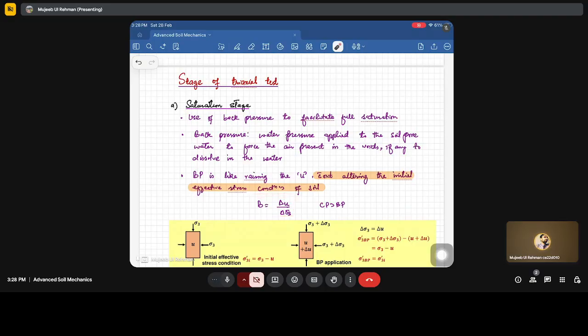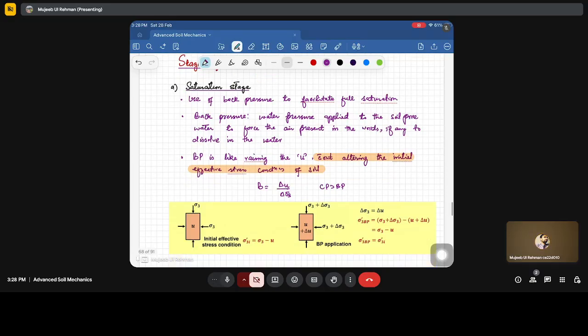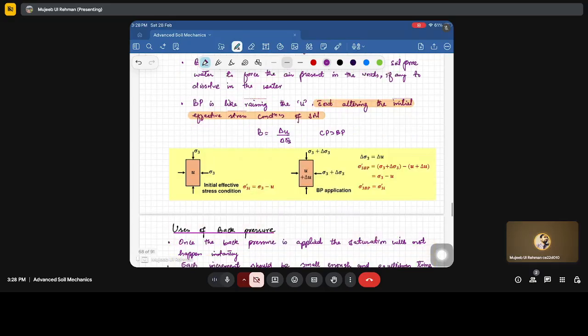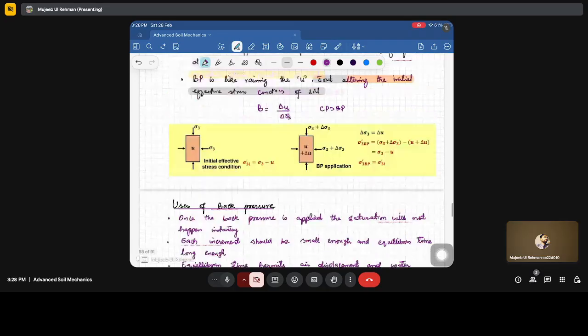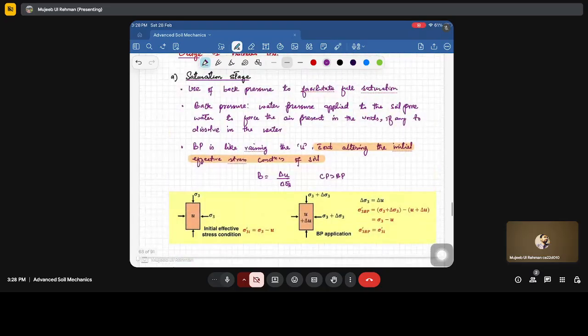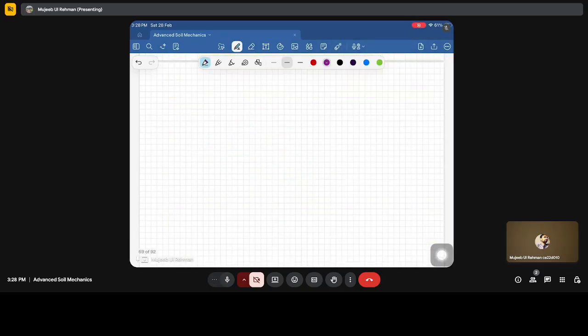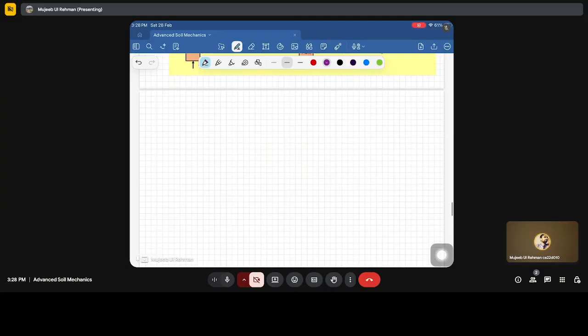Now here I want to spend some time. B is delta U by delta sigma 3. When we take the triaxial sample, we are applying the cell pressure from outside.